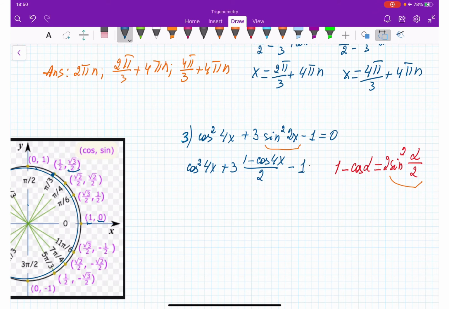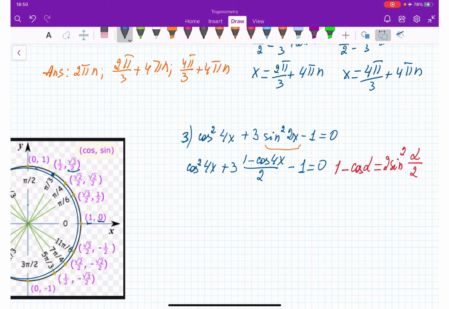Minus 1 equals 0. Because here is 2 sine squared alpha half, but because here we don't have 2, we divide by 2 to get only sine squared alpha half.